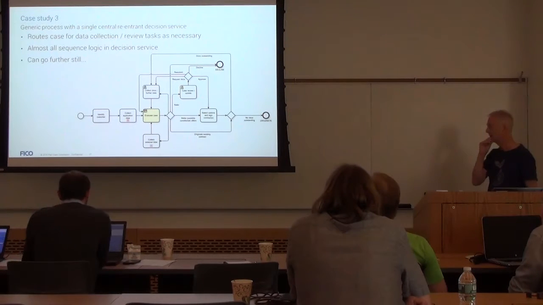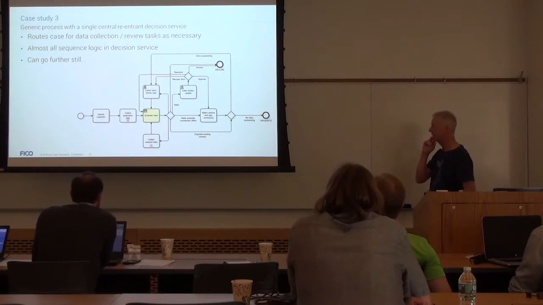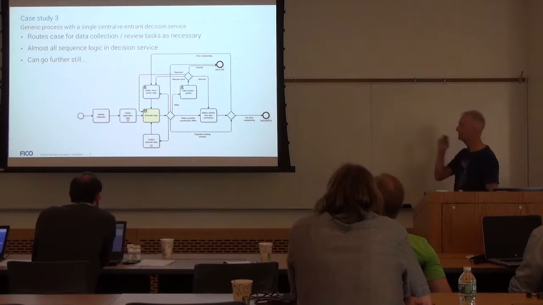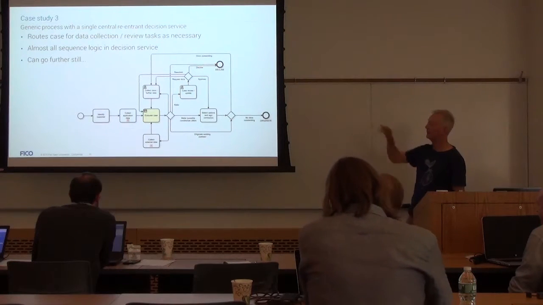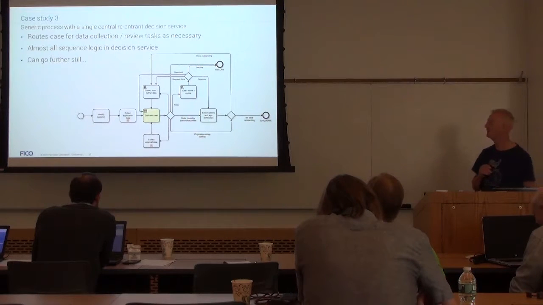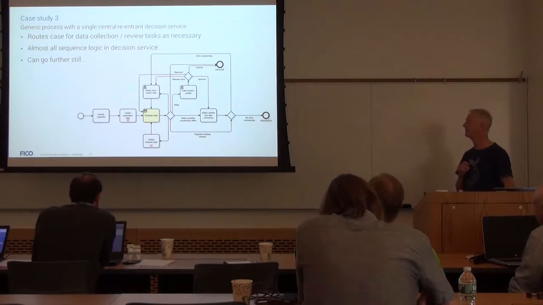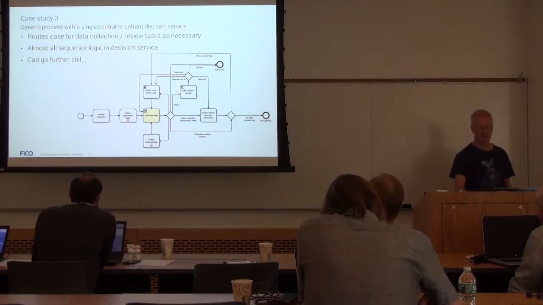So the decision logic in that process has been pretty well minimized, except for the fact that we've still got the decision by the case officer there. So you could say the overall end-to-end decision is saying we decline if either the rule service or the adjudicator says decline.